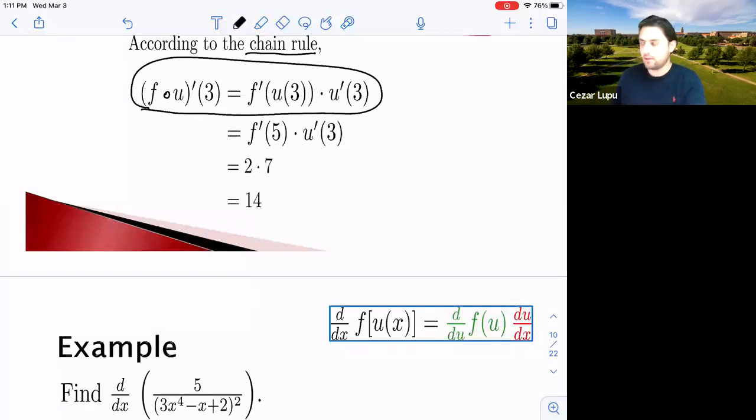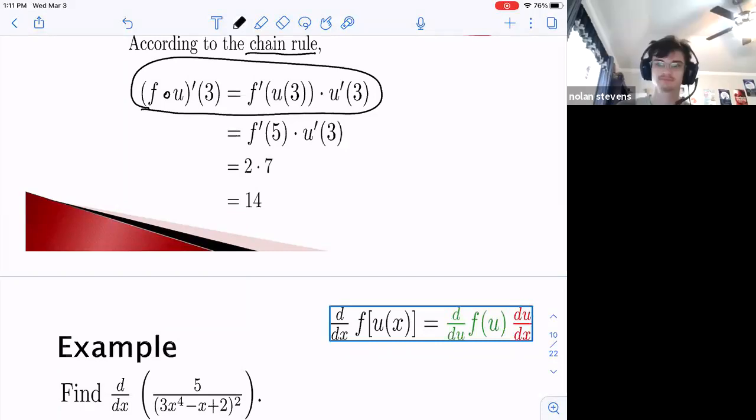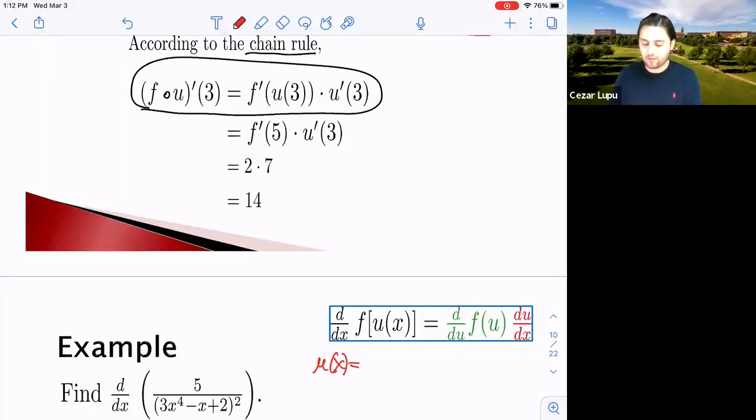So who is the inner function? Who is the outer function? So u of x is what? Let's say, and f of x. So which one would you consider the inner function?